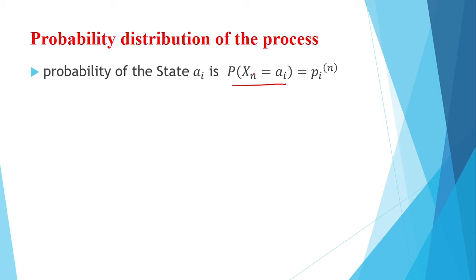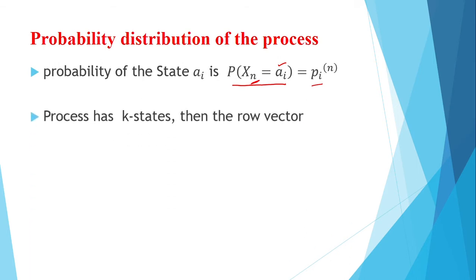It's the probability of state Ai in the nth step, and it is denoted as Pi of n. Suppose the process has k states A1, A2, etc., Ak.